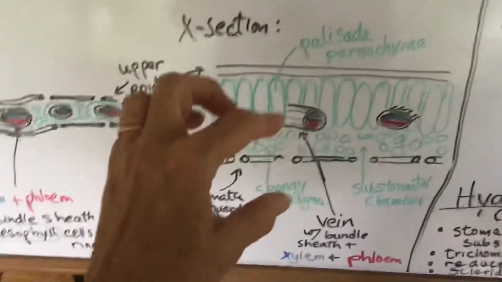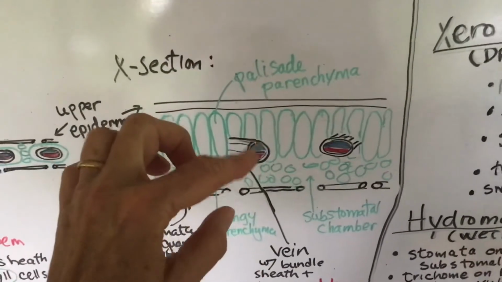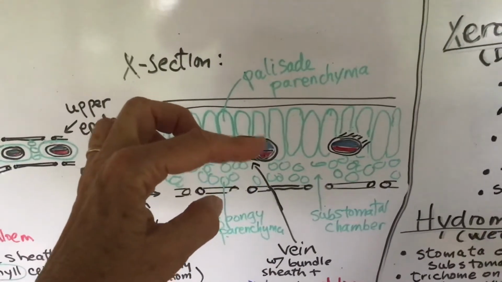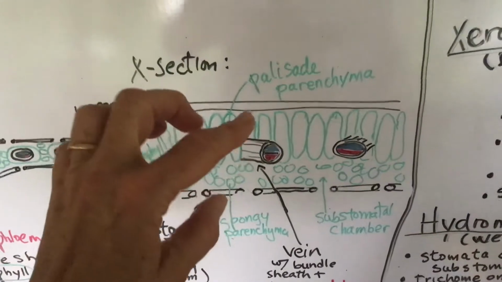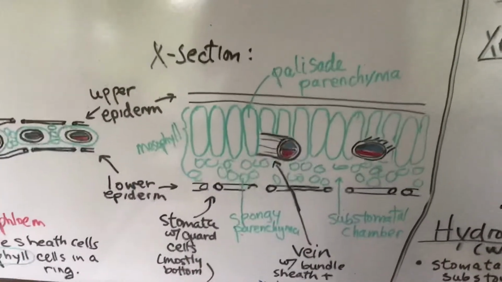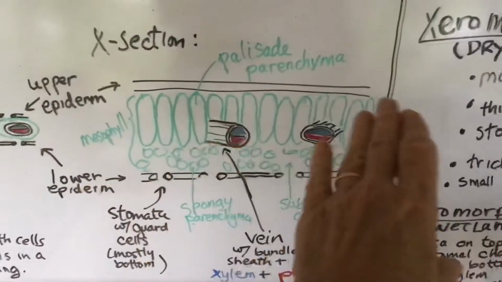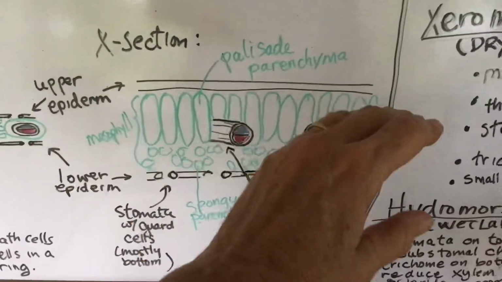And unlike the monocot, it has a bundle sheath around the xylem and phloem, and again the xylem is on the top and the phloem is on the bottom, but it does not have another layer of mesophyll cells surrounding the bundle sheath cells. Instead, the palisade parenchyma are on the top here.